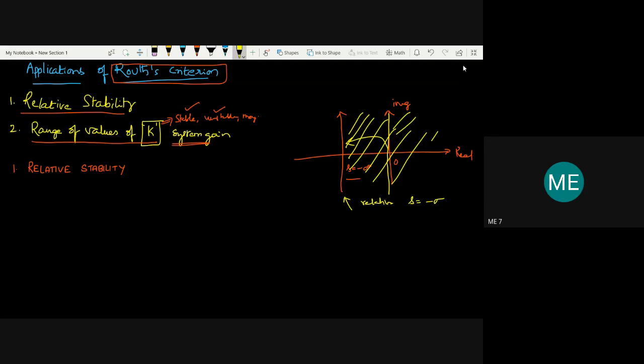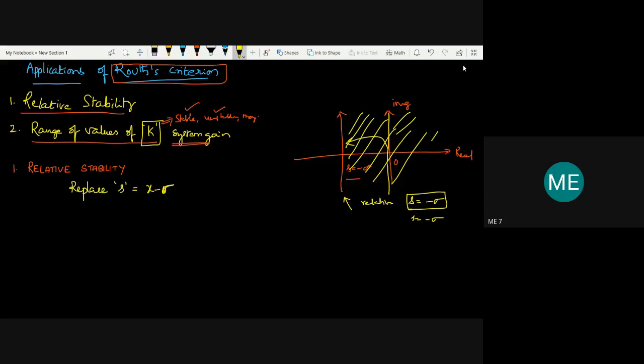In this case, replace S. When I want to find the relative stability of any system with respect to a line, replace the S value with the new variable, that is x minus 1 or x minus sigma. Here I have given S equal to minus sigma, where the sigma value may be 1, 2, 3, 4 and so on.